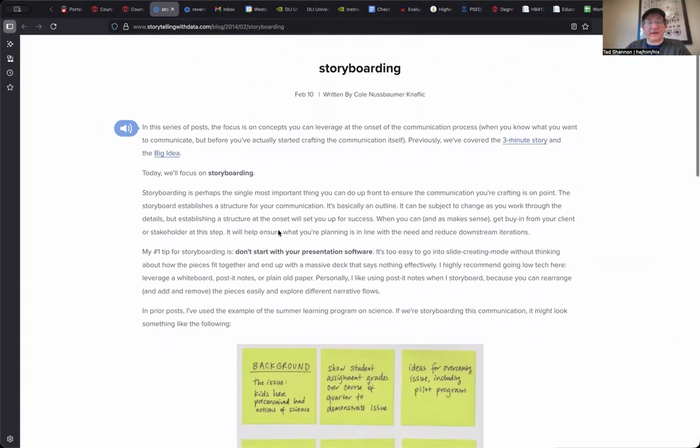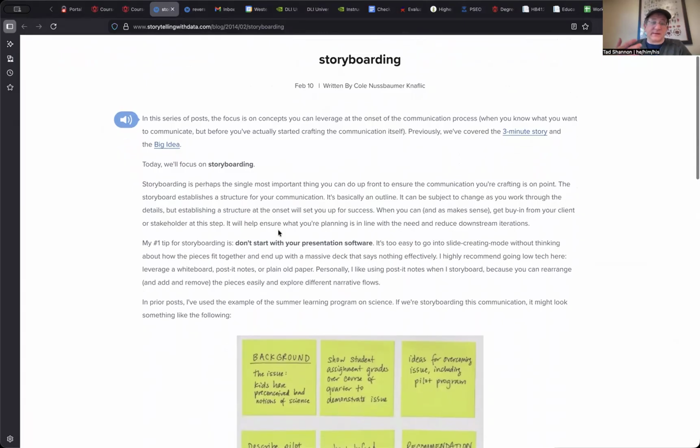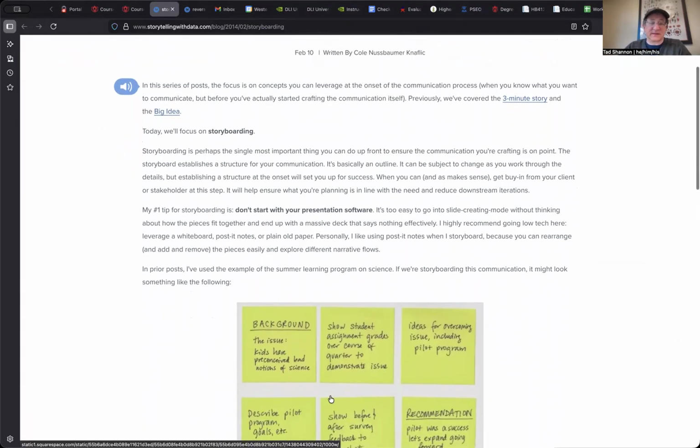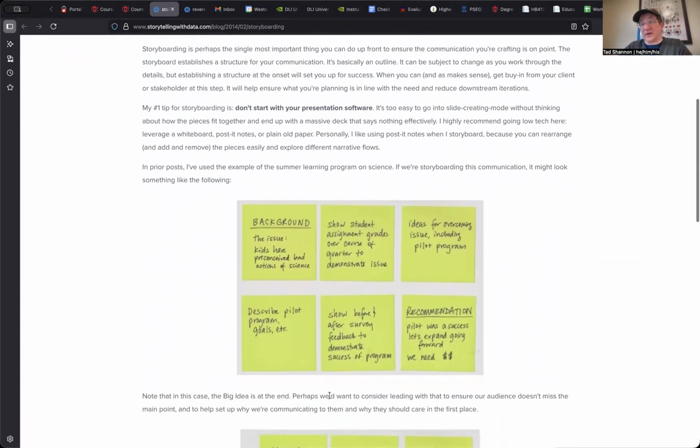and one of her perspectives is that you don't necessarily have to start with your software. Frankly, if you want to start storyboarding by hand, as she's illustrating here with Post-it notes, that's fine. And you can also start storyboarding just with PowerPoint or the presentation option in G Suite.